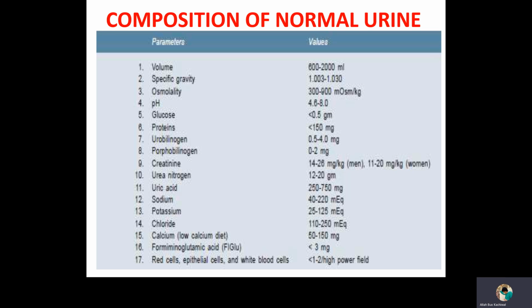The potassium is 25 to 125. The chloride is 110 to 250. The calcium is 50 to 150 mg, whereas glutamic acid is less than 3 mg, whereas red cells, epithelial cells, and white blood cells might be 1 to 2 per high power field.